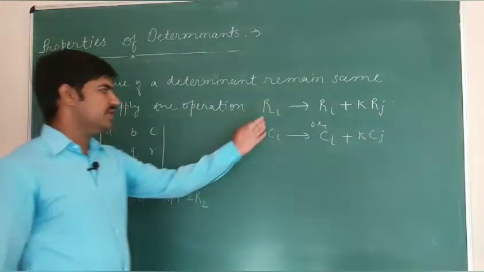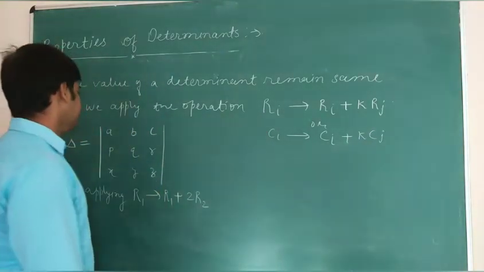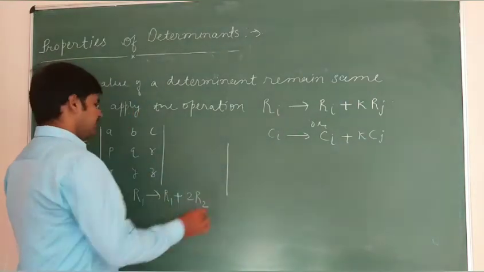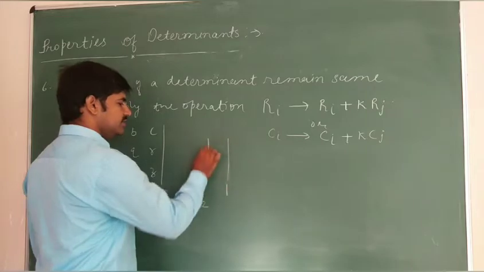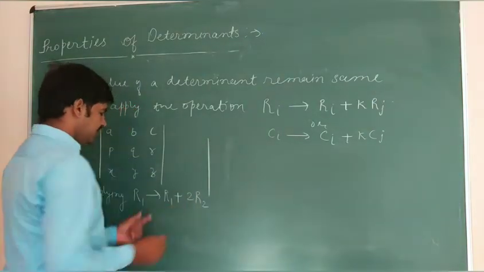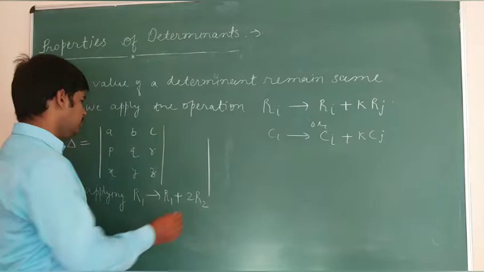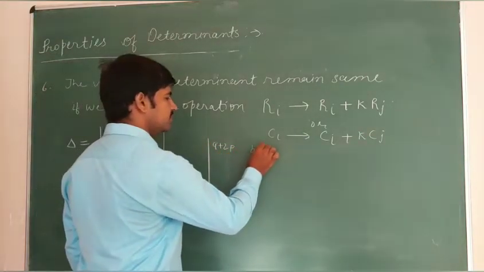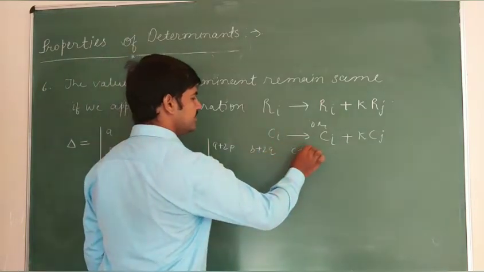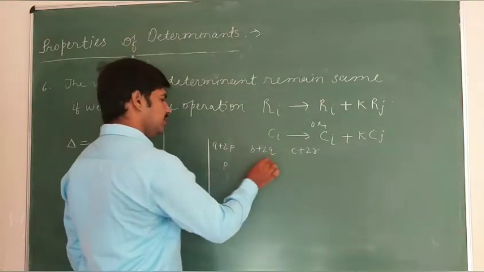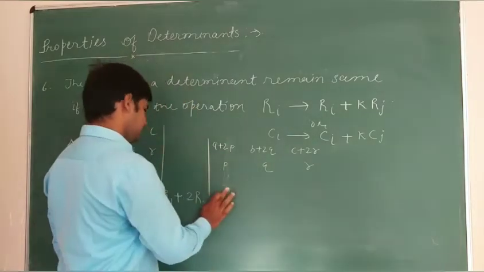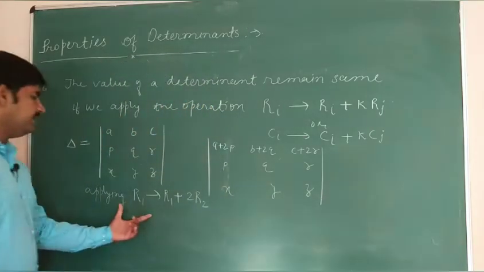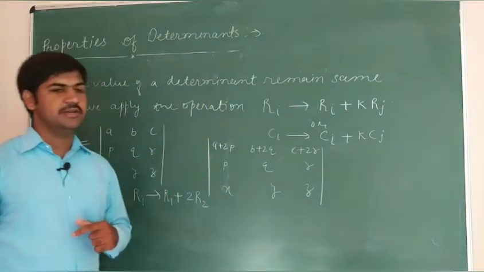Then the determinant that I get is, see, R1 is replaced by R1 plus twice of R2. So A plus twice of P, B plus twice of Q, and C plus twice of R, and here P, Q, R, and this is X, Y, Z. The determinant becomes of this particular form if I apply this operation on this determinant.